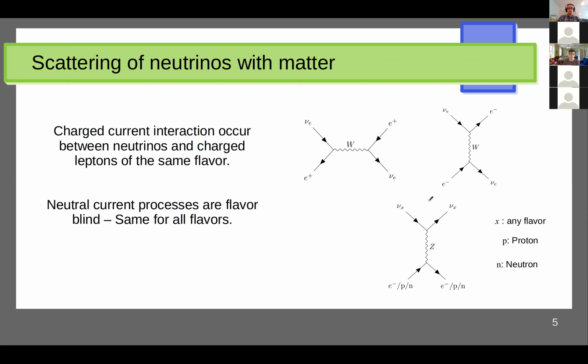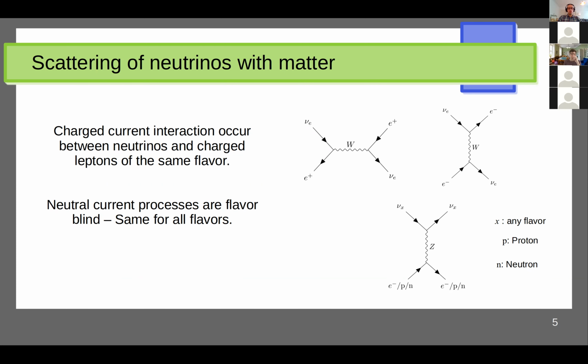Now, in astrophysical environments, there are barely any muons present, and if there are, there's an overwhelming majority of electrons over muons. So there is an excess of interaction as far as electron neutrinos are concerned. So if the neutrino flavor changes, the rate of interaction with matter changes. And that affects the coupling between neutrinos and matter.